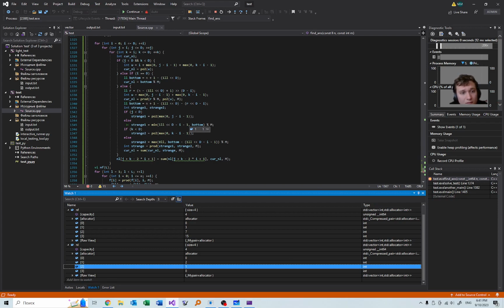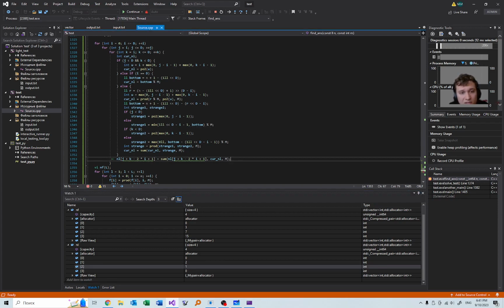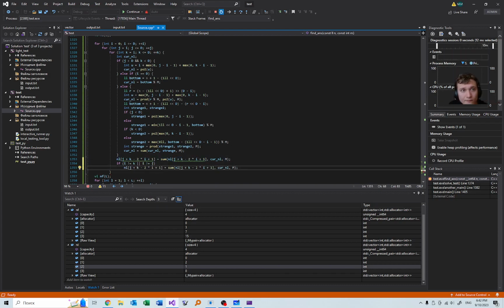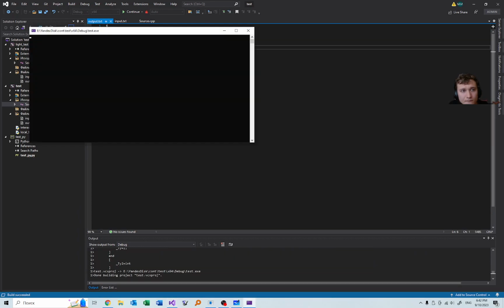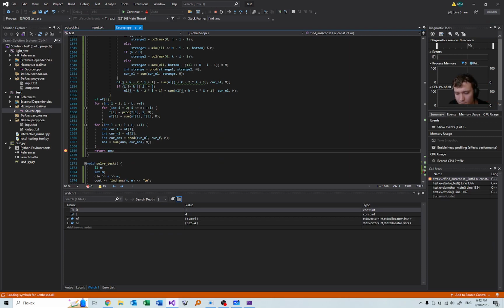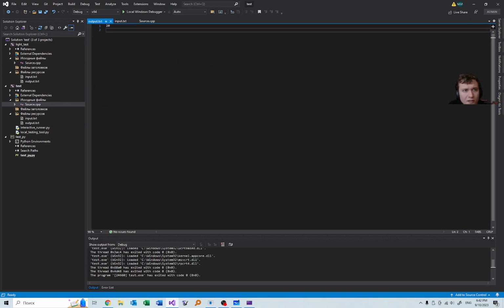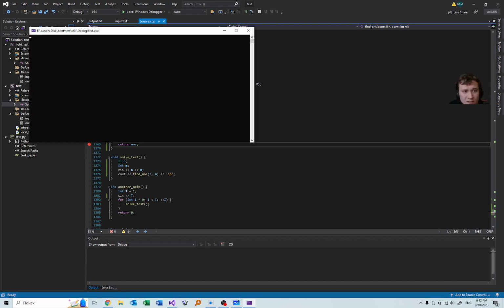Fine. I kinda messed up. So here I say that if I is not equal k or j, or I is not equal j, then I need to do it again. Here we go, but no. Now it's 20. Why is it 20?